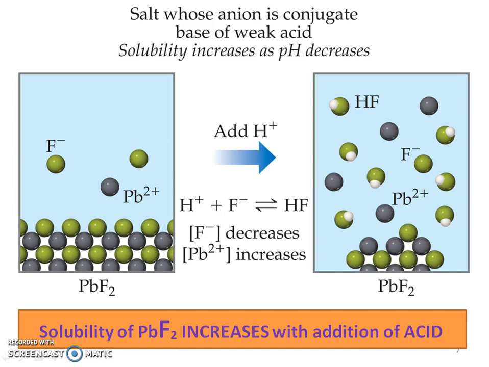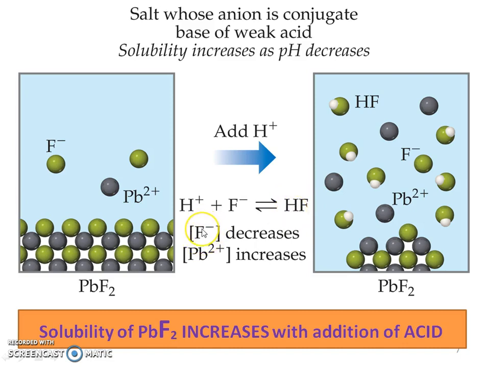So what does this mean? Let's take a closer look at this. If we have lead II fluoride in solution, just hanging out, what's going to happen if we add H plus ions to it to try to make it acidic? Well, that H plus is going to react with the F minus to make weak acid.